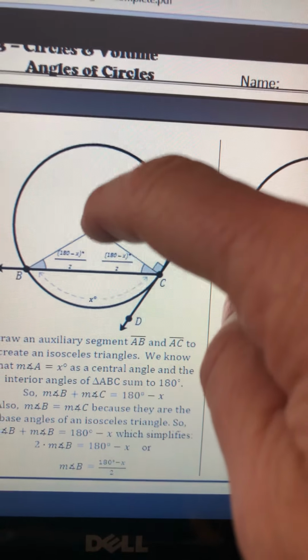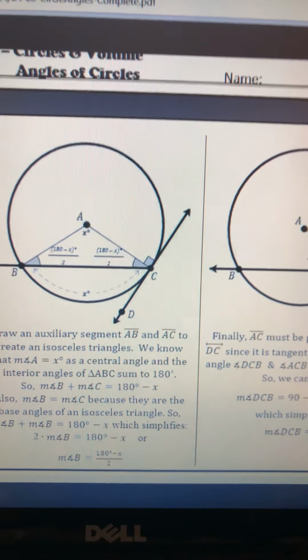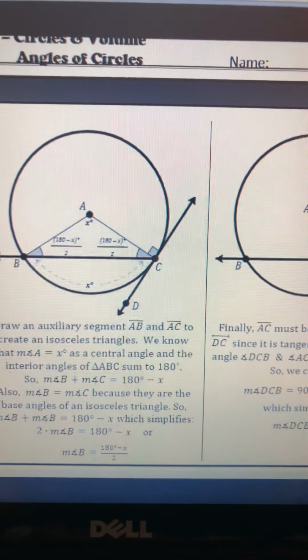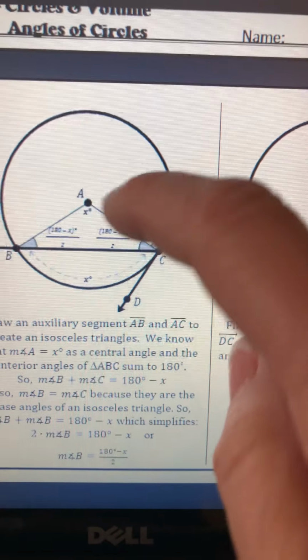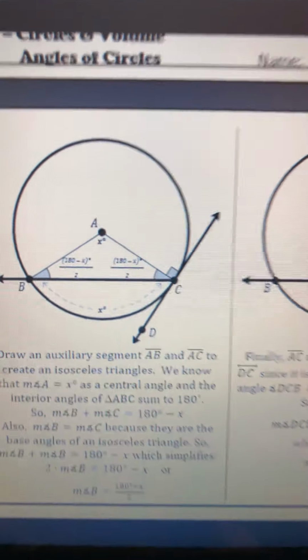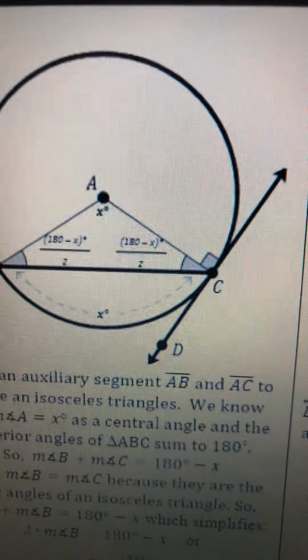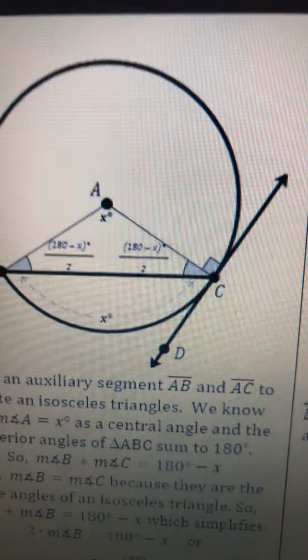So if we know that x up here is a certain number of degrees, then whatever is left over is going to go to the two base angles. Your two base angles of an isosceles triangle are congruent. So whatever x is, we subtract it from 180 and divide by 2.